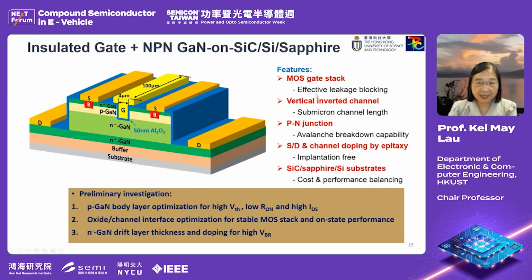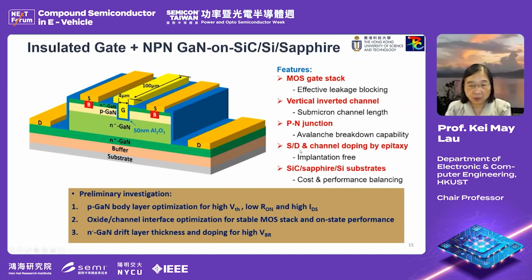The MOS gate is very effective in blocking gate leakage, and you can make a submicron channel length because the channel is in the P layer, so it's determined by the thickness of your P layer. The PN junction also gives avalanche breakdown capability.